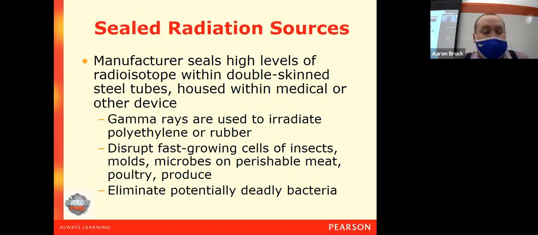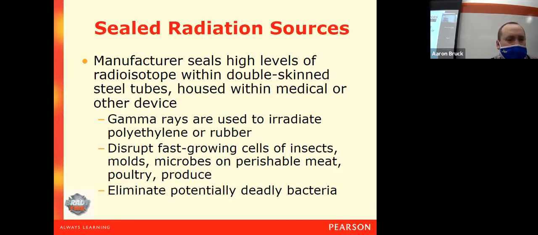Now, depending upon what's going on, one of the things that these sealed radiation sources can be used for is sterilization and disinfecting purposes. So for example, gamma radiation sources are often used to irradiate polyethylene or rubber materials.